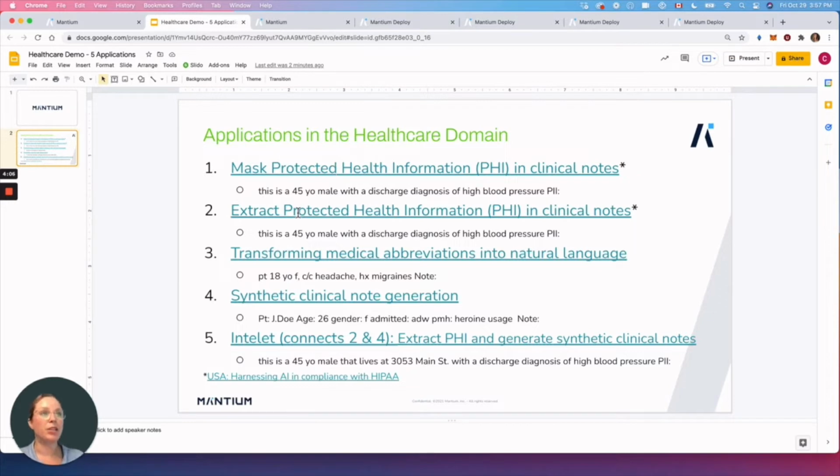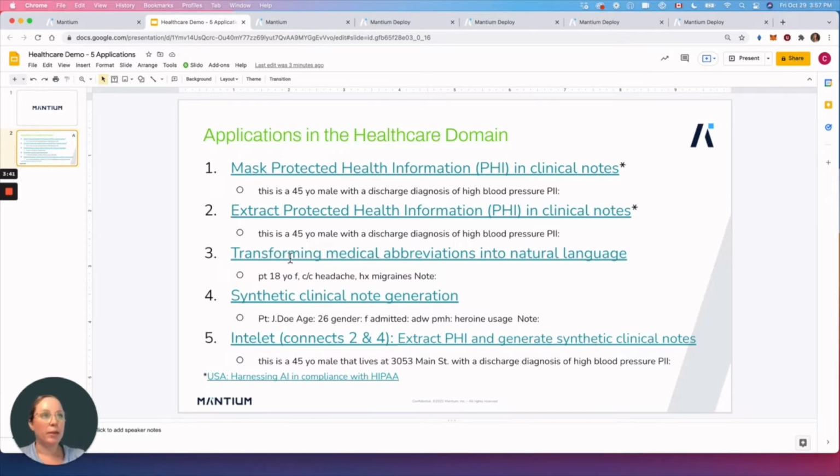The next application is, rather than masking the sensitive information in place, I'm extracting this sensitive information, and this is useful when you would like to extract, for example, a condition and send it as an input to a different model that might perform some type of classification, for example.